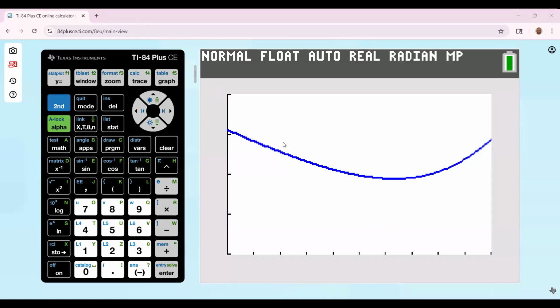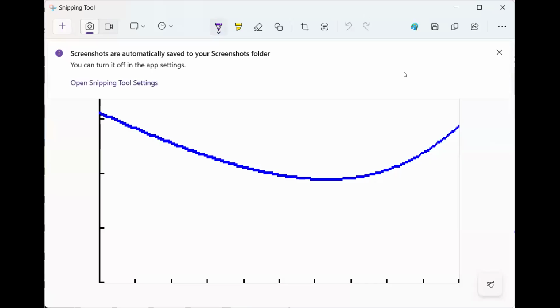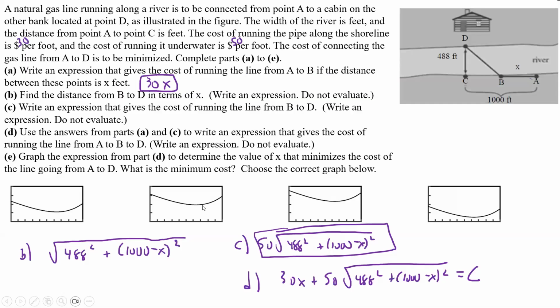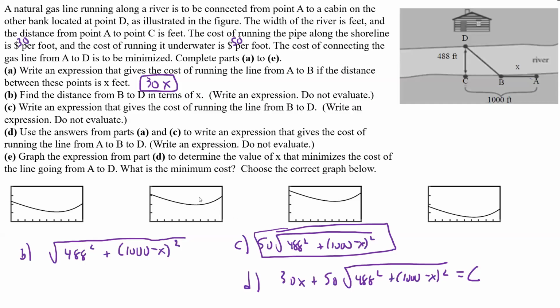I don't think you can see what I'm seeing, but if we go back to sharing our screen, PowerPoint, it looks like it's going to be this one here. So that would be our example in this case. Let's pause for a second here. We're going to mark this one as the closest one because it came down like this and went back up here.